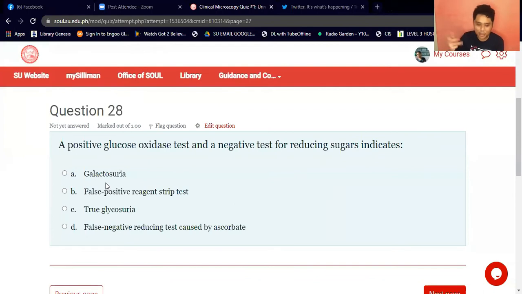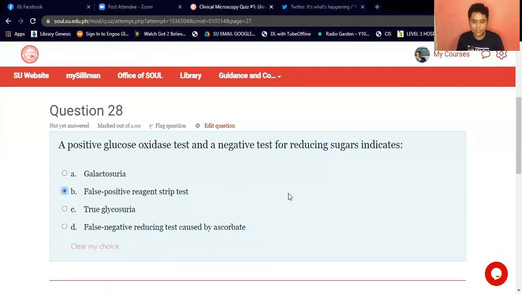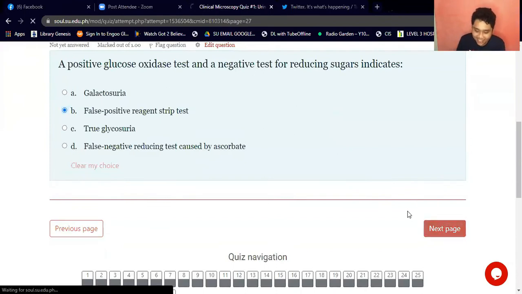Because if it is true glycosuria, it should be positive for reducing sugar. Because your glucose oxidase test is highly specific for glucose, and glucose is a reducing sugar, so the reducing sugar test should also be positive. So this is a false positive reagent strip.